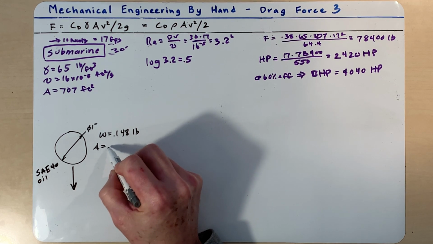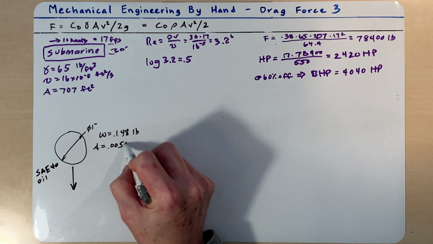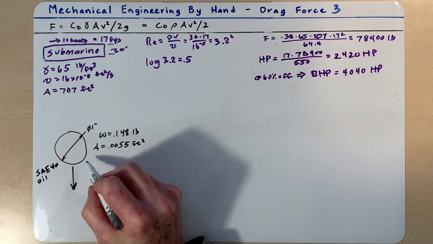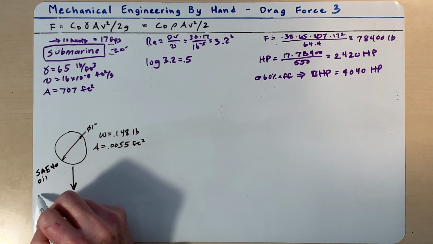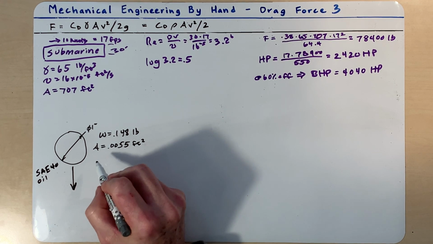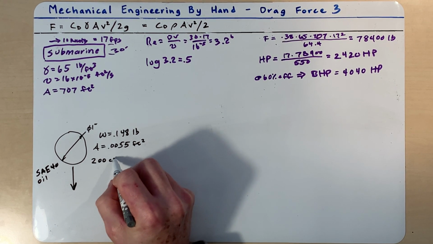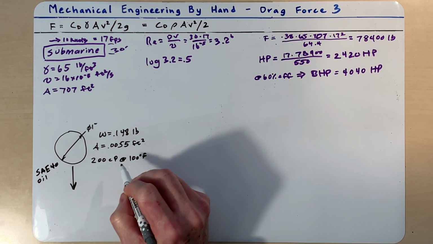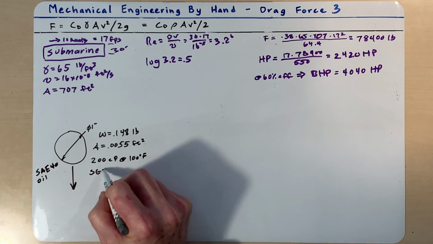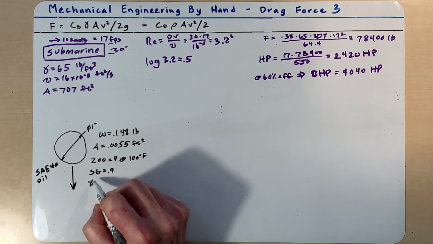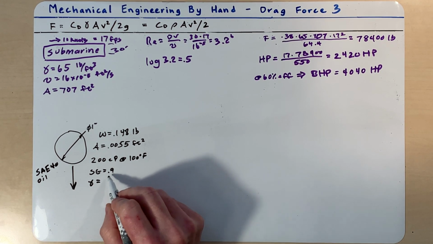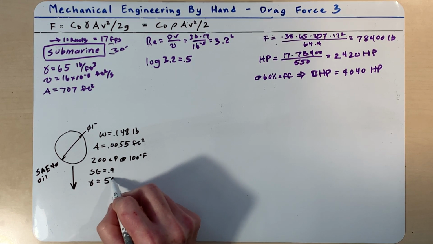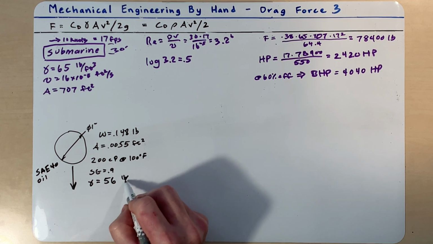The frontal area is 0.0055 feet squared. The viscosity of this oil is 200 centipoise at 100 degrees Fahrenheit, and its specific gravity is 0.9, so that means its specific weight will be 0.9 times 62.3, which is 56 pounds per foot cubed.